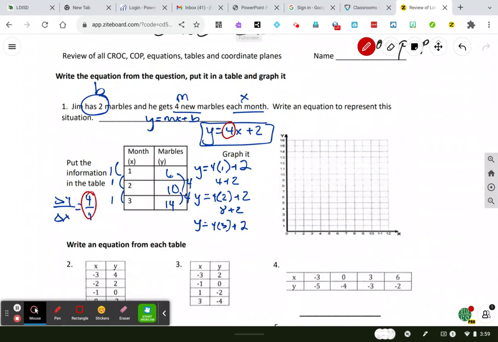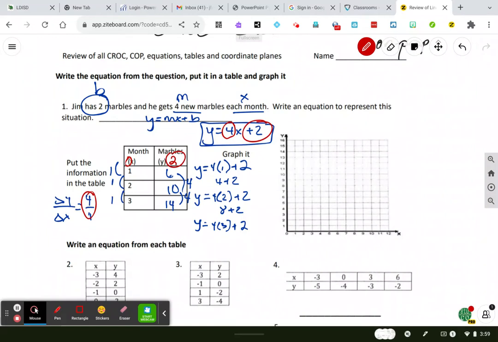So you know that you've got your equation right. If you want to check your b, if I didn't do any months, 4 times 0 is 0. 0 plus 2 is 2. So that's what those two numbers are, and that's how that connects.